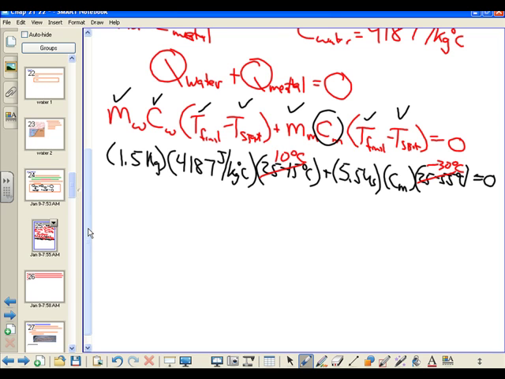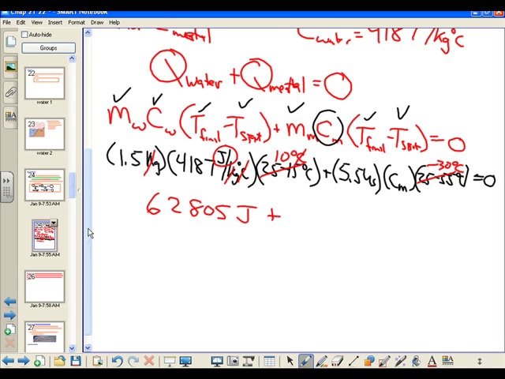Times 10. And so I get 62,805 something. Well, let's look. Kilograms cancel, degrees C cancel. I am with joules. So that one is 62,805 joules of energy.